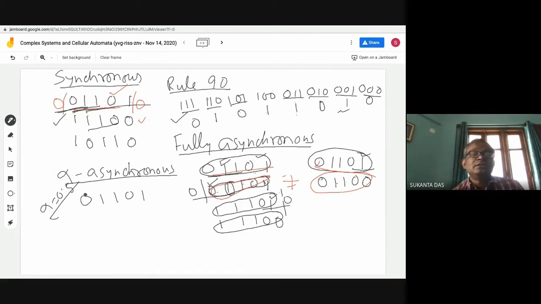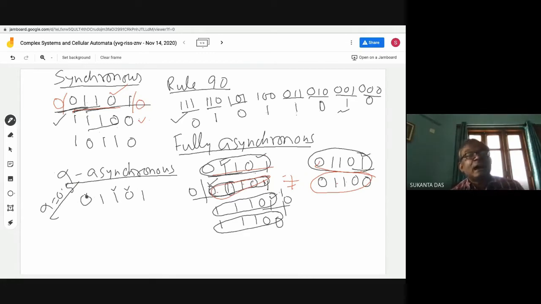Suppose this cell is not selected, this cell not selected, but say this cell is selected and this cell is selected for update, and this cell is not selected. Suppose these two cells are selected to update. Okay, alpha equal to 0.5. So what does it mean? Let me repeat it again.